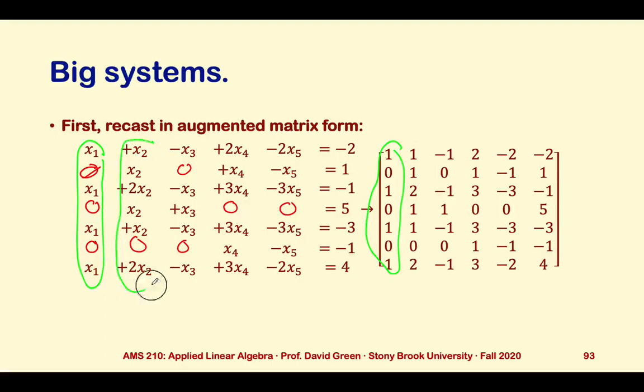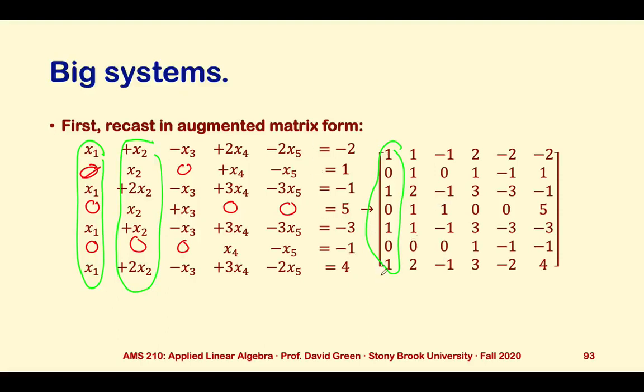We then move over to the second column, for x2, and then to the third column, with its entries of negative 1, 0, negative 1, 1, negative 1, 0, negative 1, and so on.